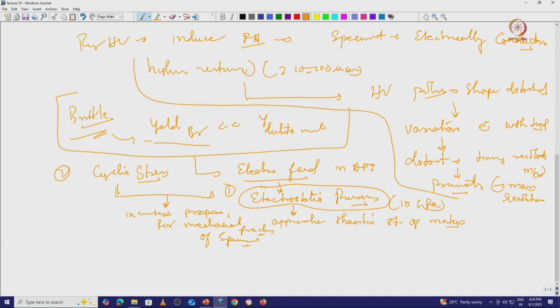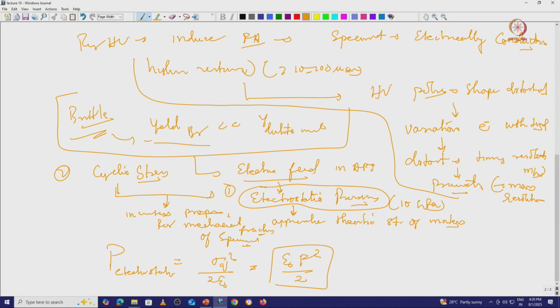So this electrostatic pressure can be given by sigma q square divided by 2 epsilon naught, which can also be written as epsilon naught F square divided by 2.